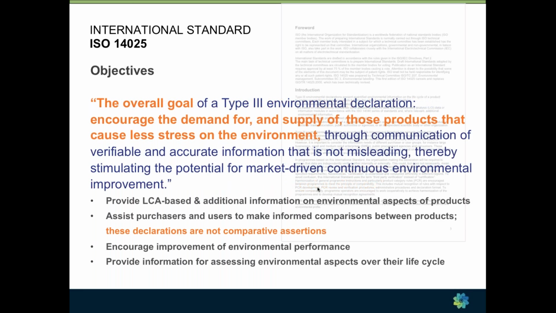The objective for creating a Type 3 environmental declaration, at the end of the day, the reason for doing all that, the complexity, the cost, the risk, is to then encourage the demand and supply of those products that actually do cause less stress on the environment through communicating verifiable and accurate information that isn't misleading, that will stimulate the potential for market-driven continuous improvement.